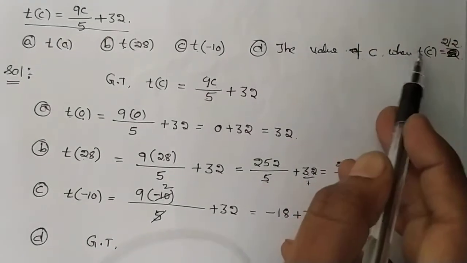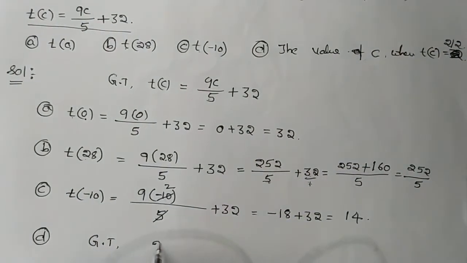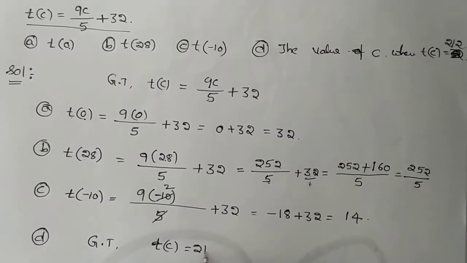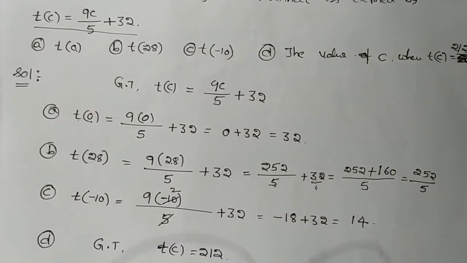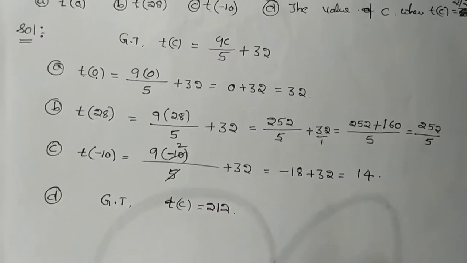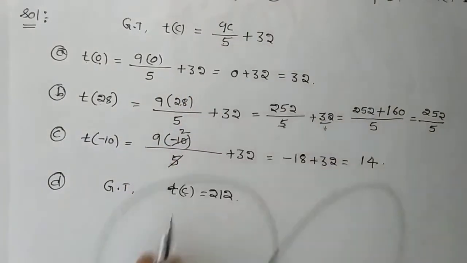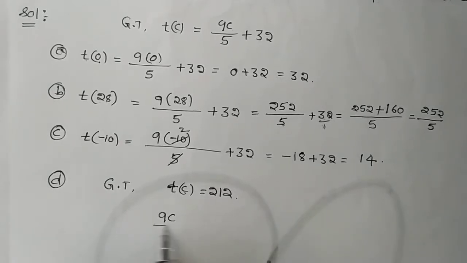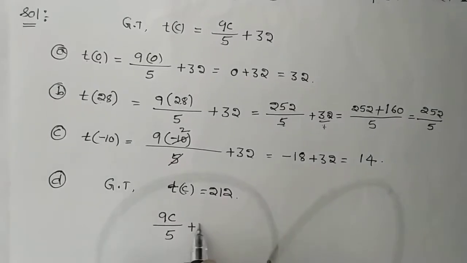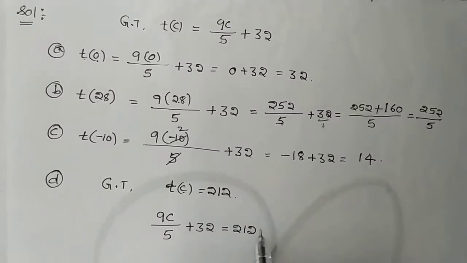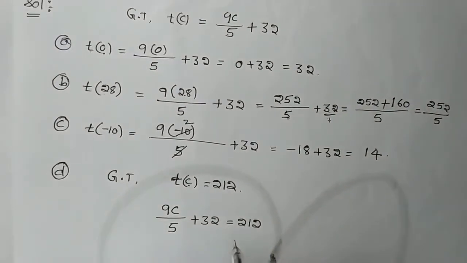Given that T of C equals 212. T of C is given as 9C by 5 plus 32. So 9C divided by 5 plus 32 equals 212.